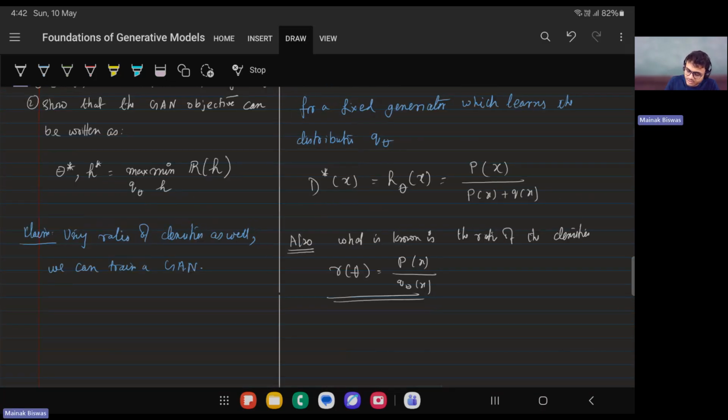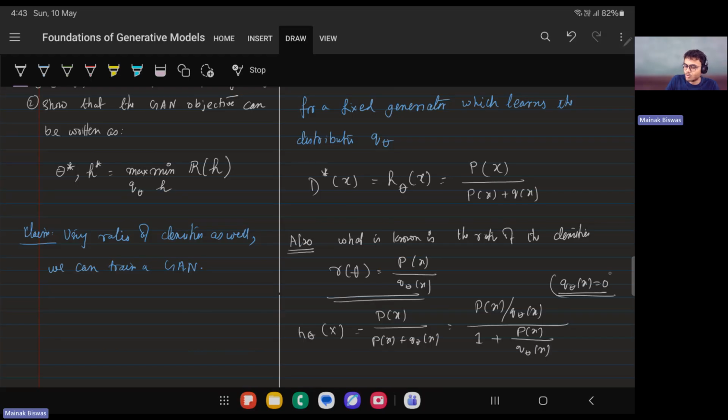Okay, so let's write down h theta of x equals px by px plus q theta of x. What I'll do is divide by q theta, so I'll get px by q theta of x over 1 plus px by q theta of x, assuming q theta of x is not equal to 0 and total support of q theta.